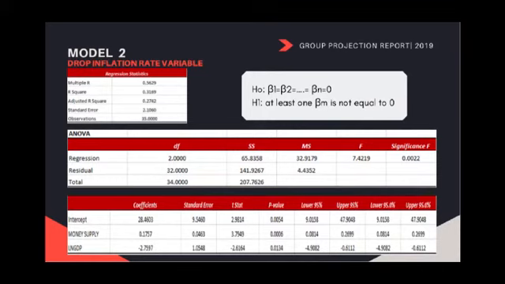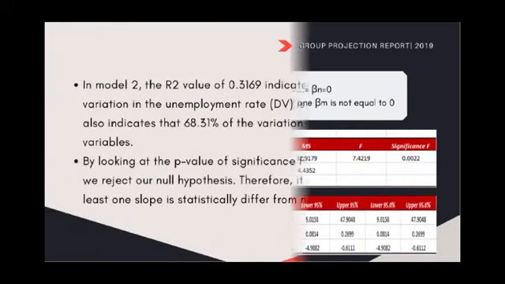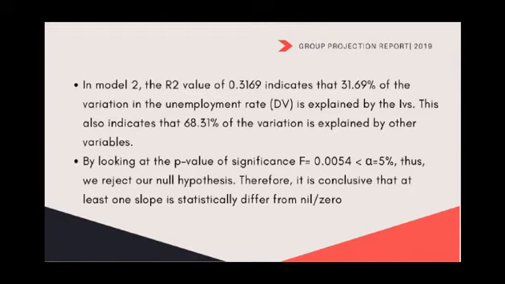However, in Model 2, the R-squared value indicates that 31.69% of the variation in the unemployment is explained by the independent variables. This also indicates that 68.31% of the variation is explained by others. In the model, it is evident that money supply has a larger impact on the unemployment as compared to others when we delete the inflation.